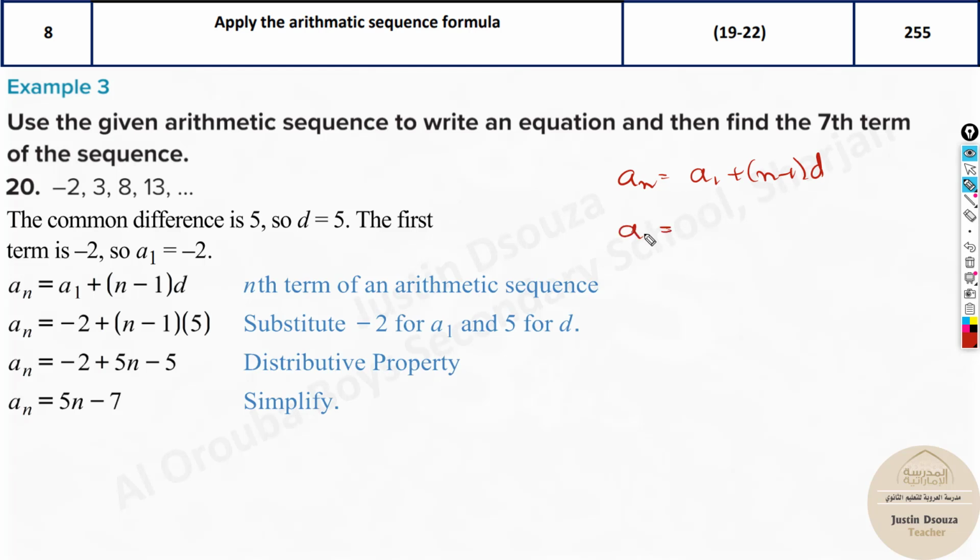Now here the 7th term, so a1 is minus 2 plus 7 minus 1 times d, which is 5. Multiply this by 5. So here you will have minus 2 plus 6 times 5, which is 30. The answer will be positive 28. 30 minus 2 is 28.